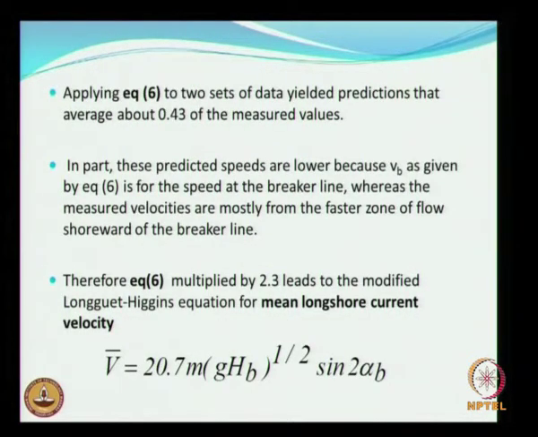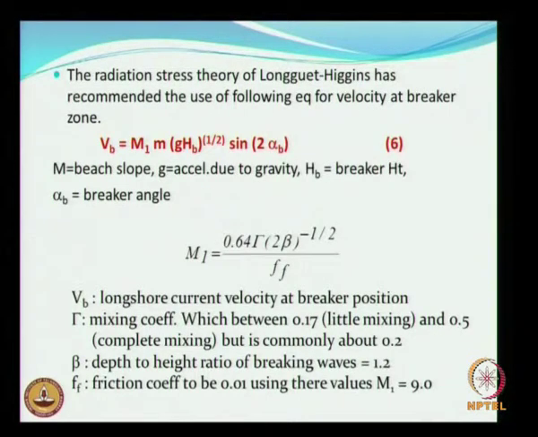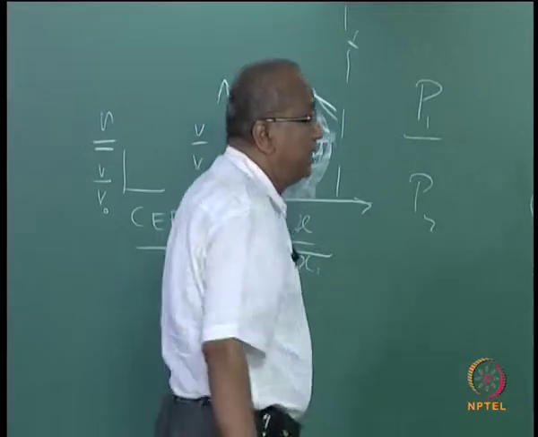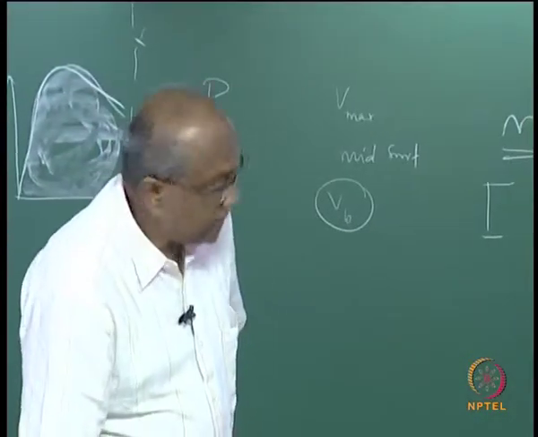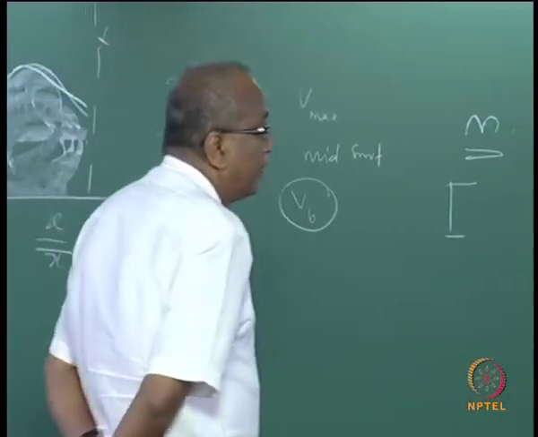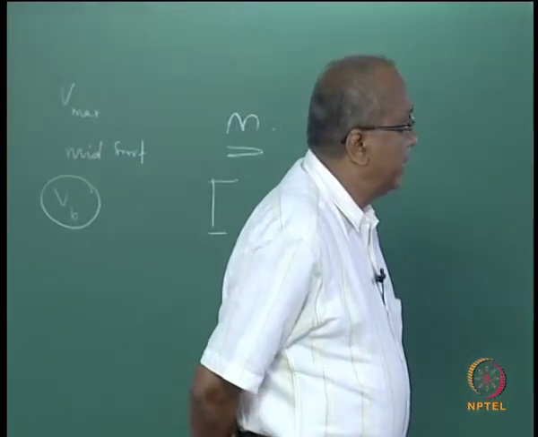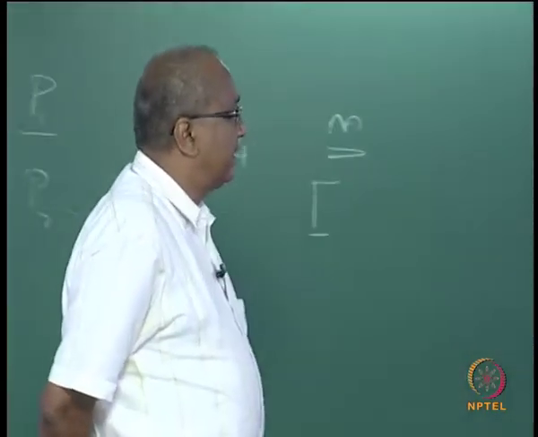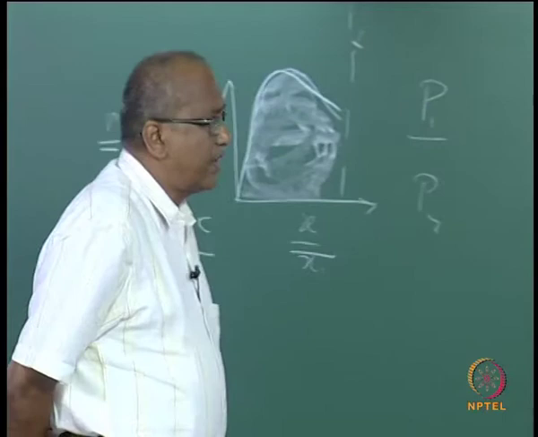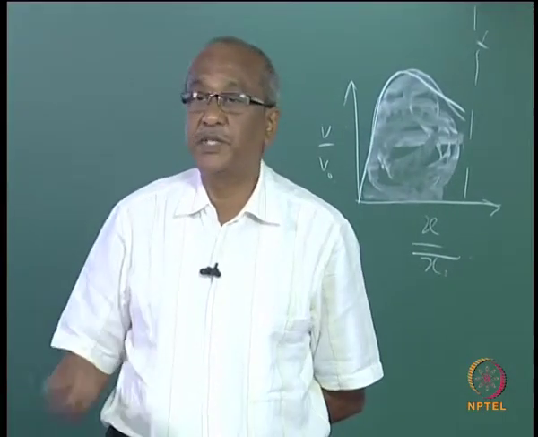So applying equation 6, this particular equation, which is the longshore current velocity at the breaker line, when this was applied to two sets of data, it yielded predictions whose average was about 0.3 of the measured values.